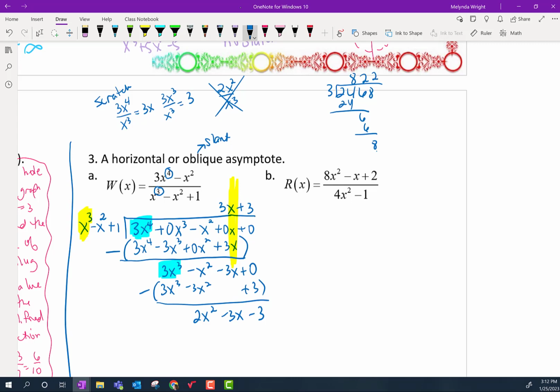3 times 2 is 6. Does 3 go into 2? No, it doesn't go into there. This is my remainder.